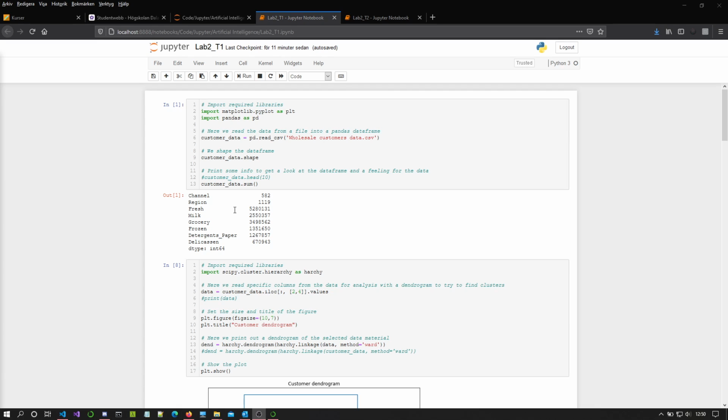And I could identify fresh and grocery as the two columns with the biggest sales volume, followed by milk. So I thought I would concentrate on fresh and grocery to see what we could find.